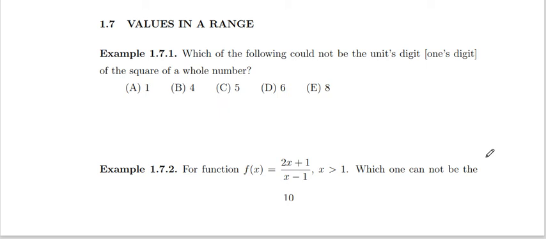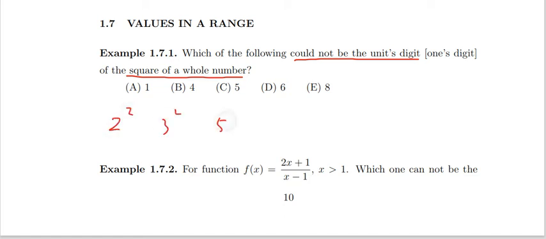So then let's say we have this kind of problem with values in a range, basically something out of this range. We want to find which one could not be the units digit of the square of a whole number. So we check those whole numbers: 2 squared, 3 squared, 4 squared, 5 squared, 6 squared, 7 squared, and so on.